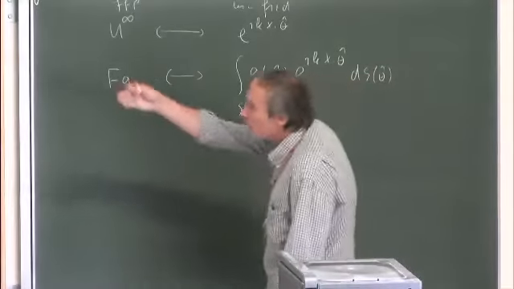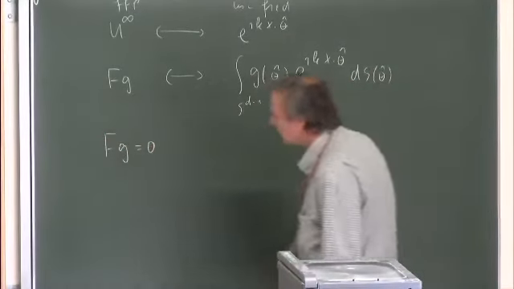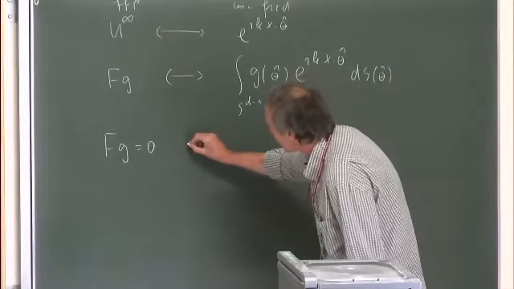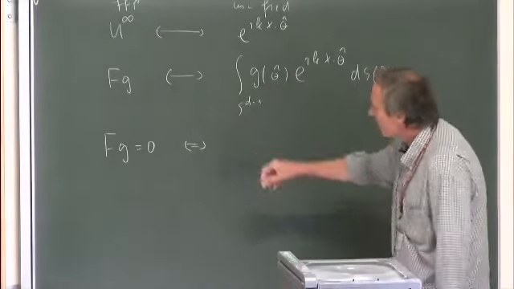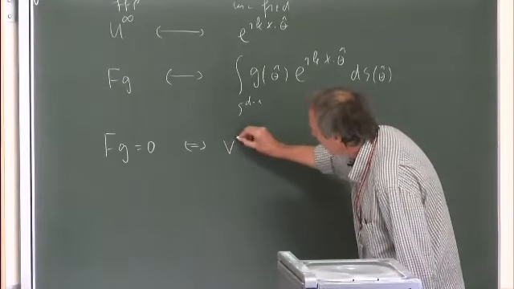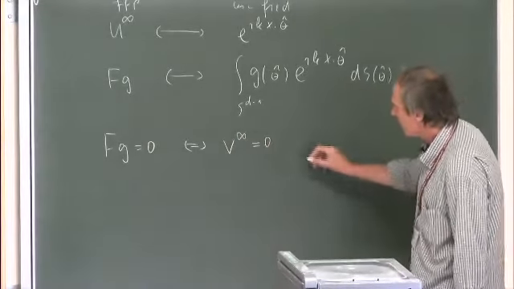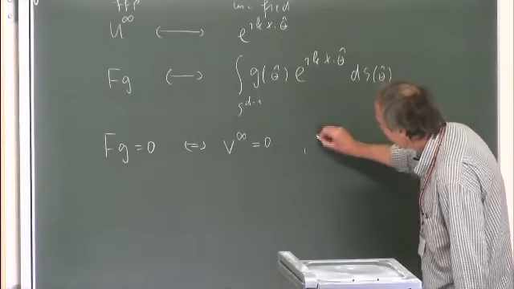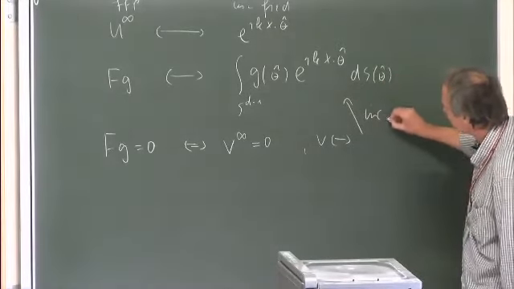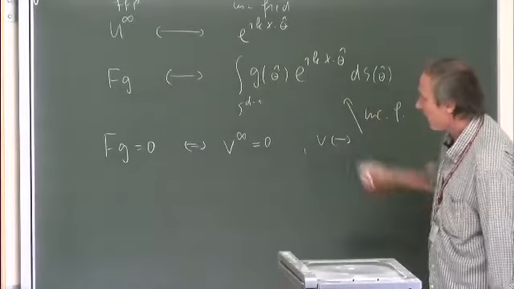So now how to prove it? If Fg is 0, that means the far field, so v infinity, is 0. v corresponds to this as an incident field, because this is the far field of that.